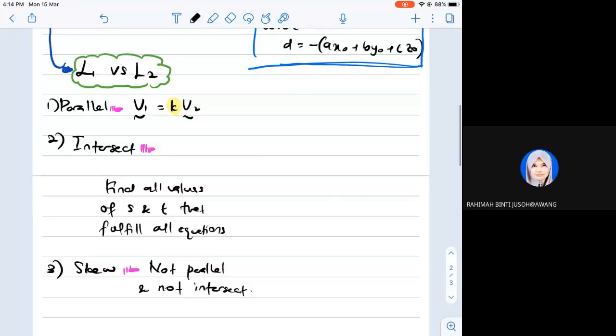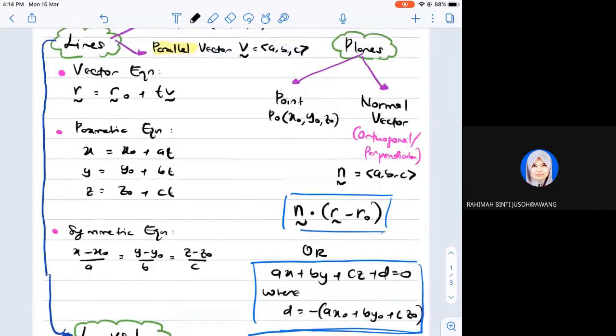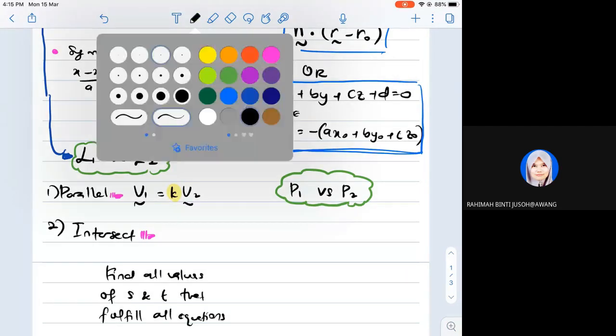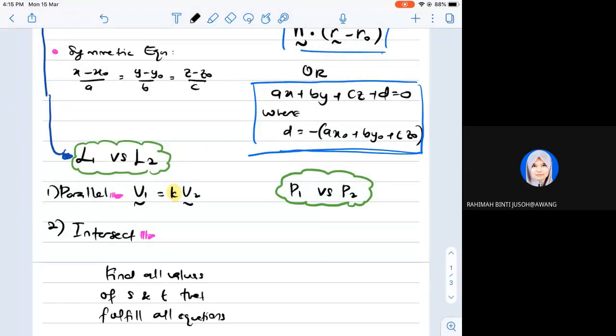Okay, so properties of plane lagi ialah, if you are given two planes, let's say plane 1, P1 versus P2. Okay, maksudnya plane 1 versus plane 2. Kalau nak test parallel, number 1. Tadi line, yang ni plane, number 1 untuk test parallel.